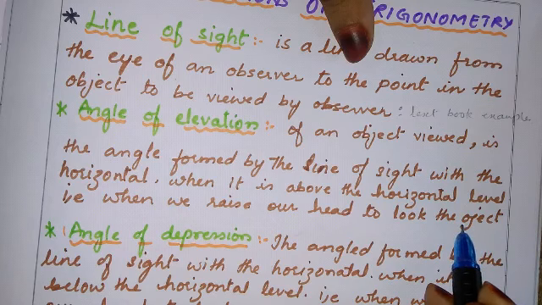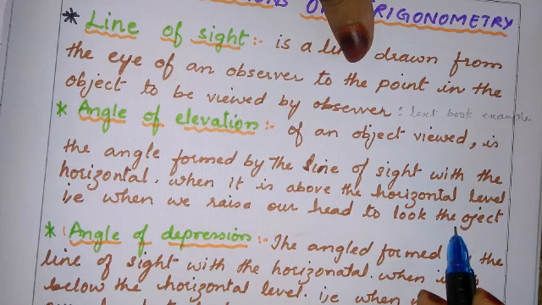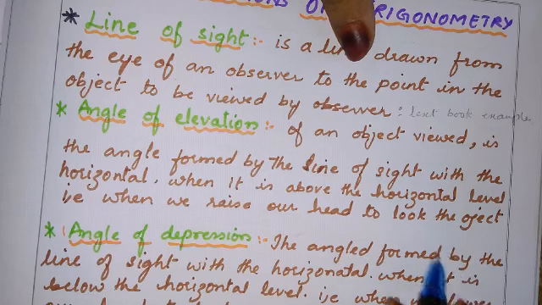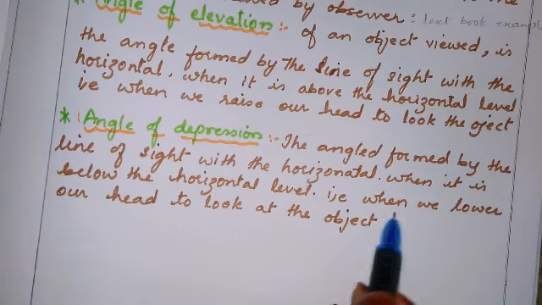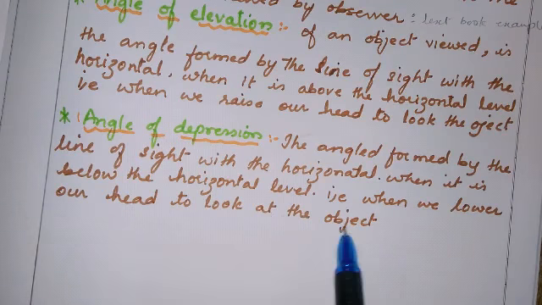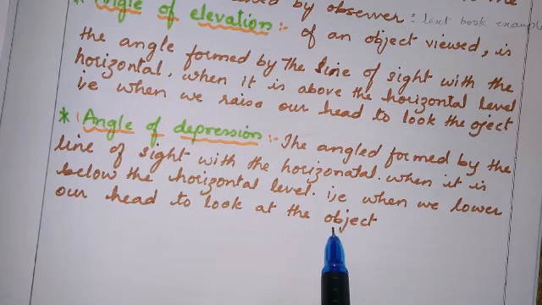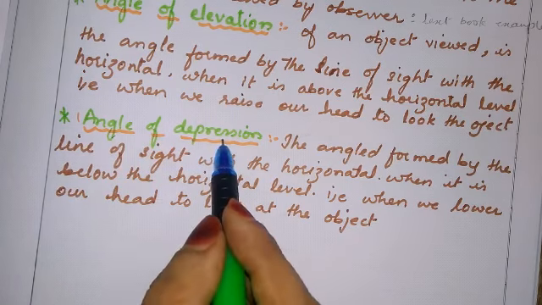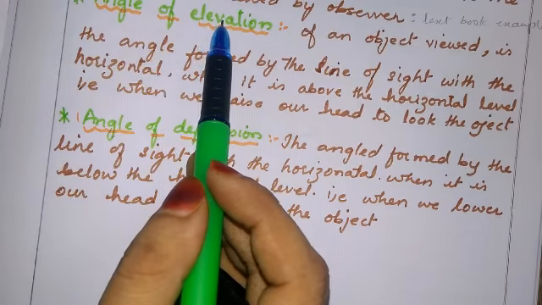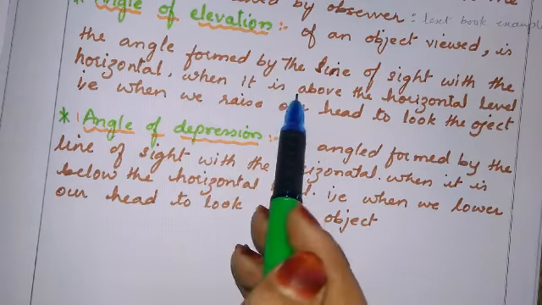Angle of elevation is formed when we raise our head above to view the object, and angle of depression is formed when we lower our head to look at the object.